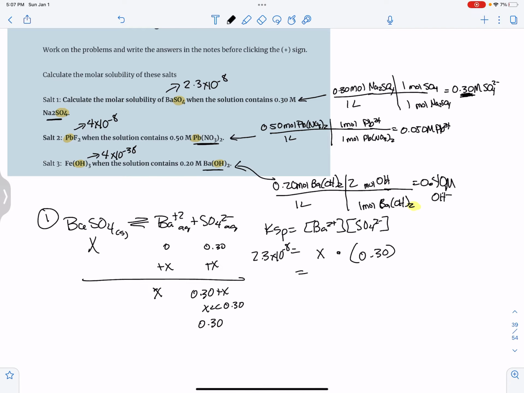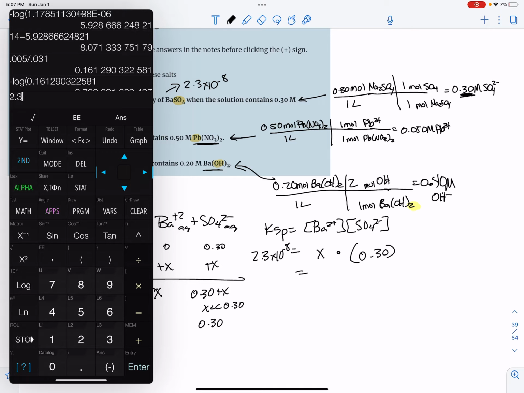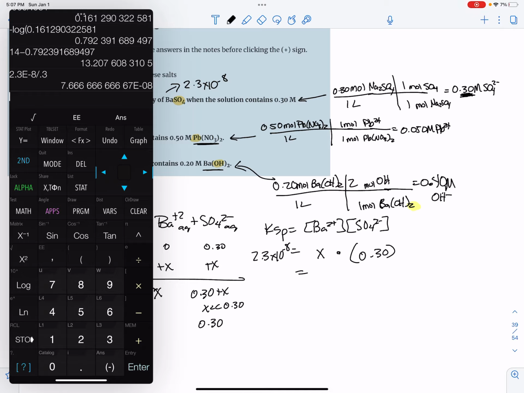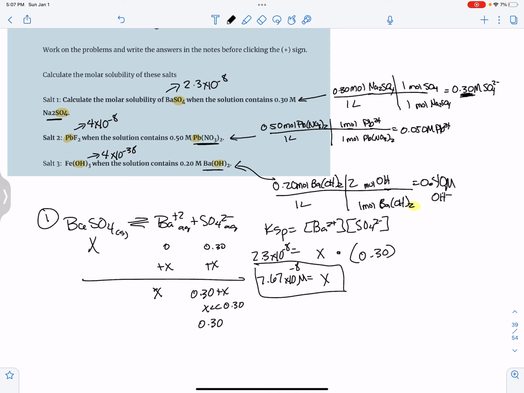So I just had to divide both sides by 0.3. So 2.3e to the negative 8th divided by 0.3 gives me 7.67 times 10 to the minus 8th. So that is my molar solubility. And maybe you'd have had to change it into grams, maybe you wouldn't have. But that's the first one.